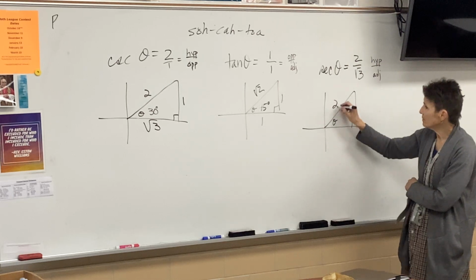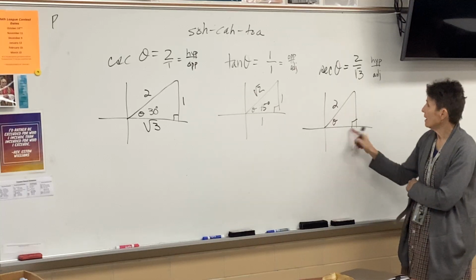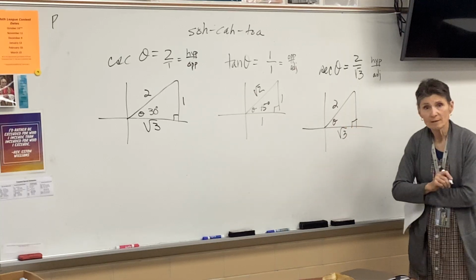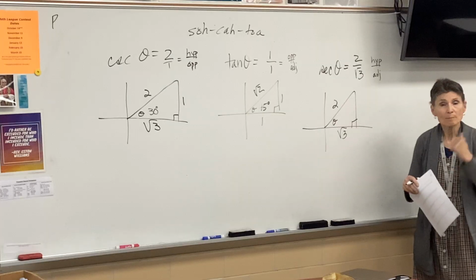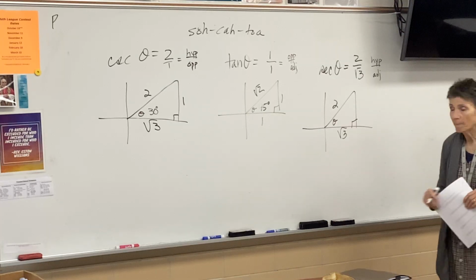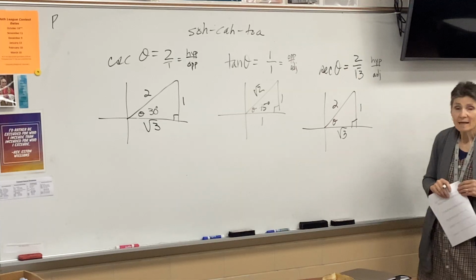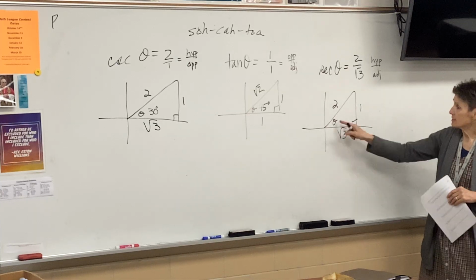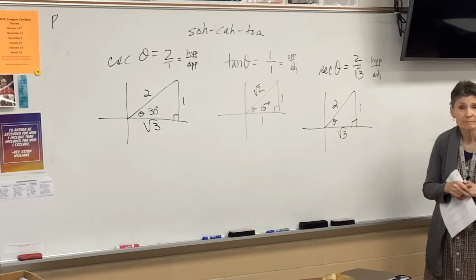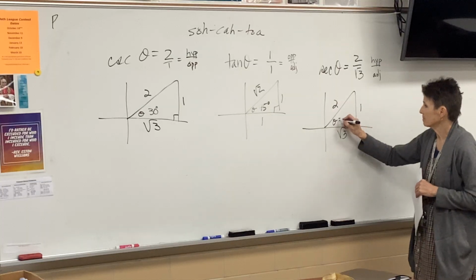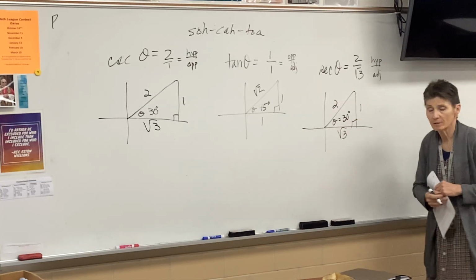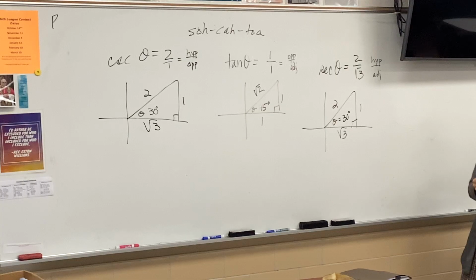So the hypotenuse is 2, and the adjacent is root 3. You need to recognize those numbers. That's one of your special triangles, and the other side is 1. What angle is across from the 1? 30 degrees. And there you go. That's the answer to the question.